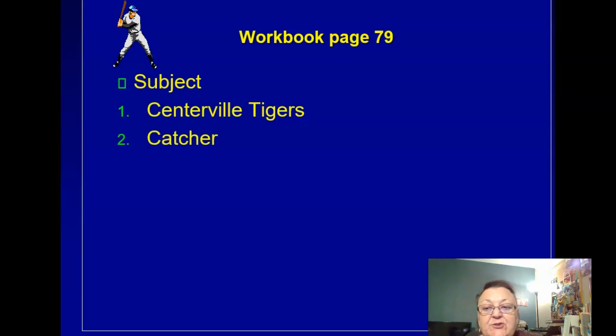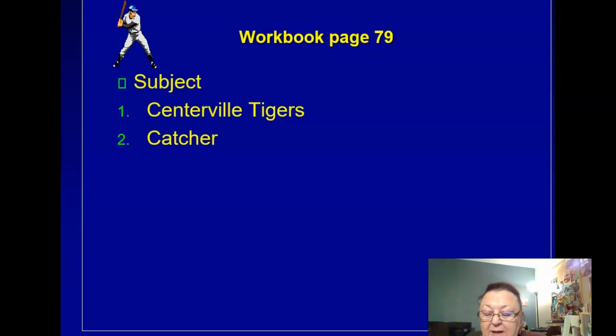And then catcher is what? Singular, right? So since it's a singular noun, we're going to need a plural verb. So both of those words there, stretches, are plural. But which ending is correct?